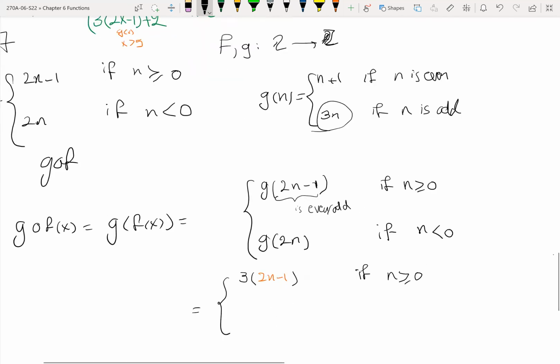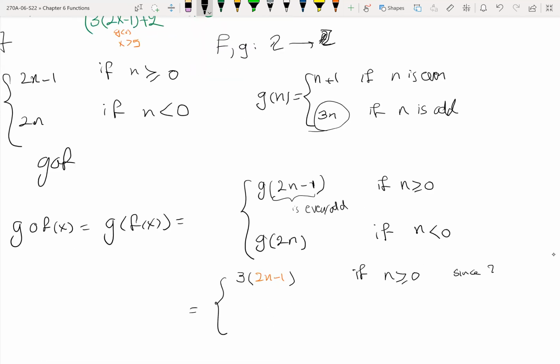Okay, we can write down over here, since 2n minus 1 is odd. And then g of 2n. If your n is negative, you have to plug in g for the top one, because n is your input, so whichever number is input now is an even number.